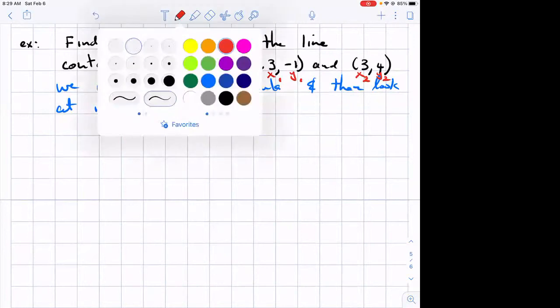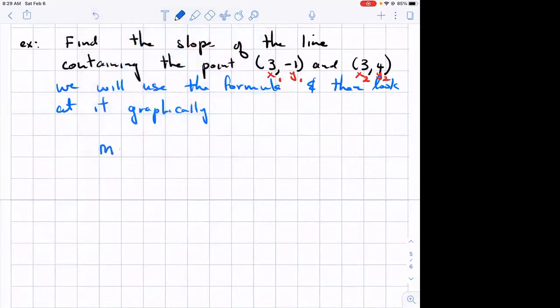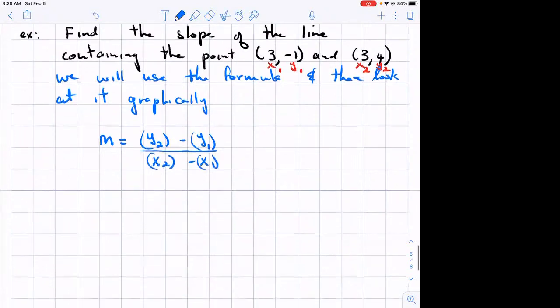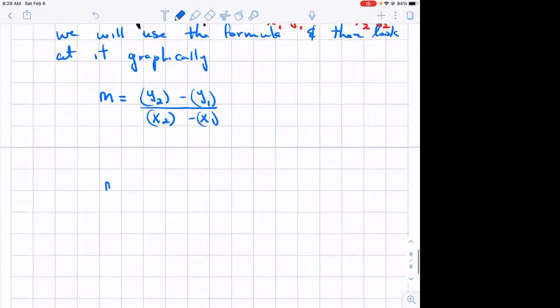So we know that the formula is m is equal to y2 minus y1 divided by x2 minus x1. And what I'm going to do now is plug in those values.